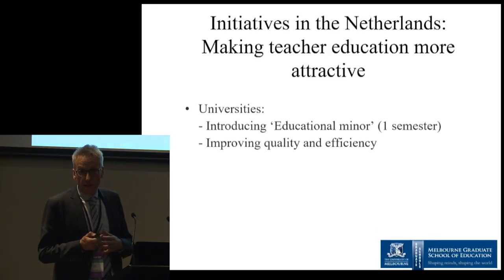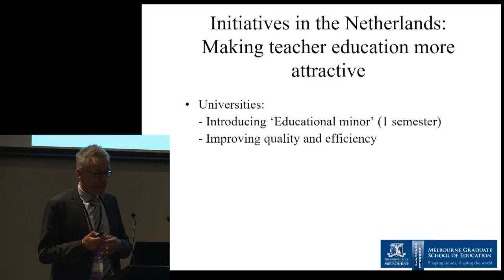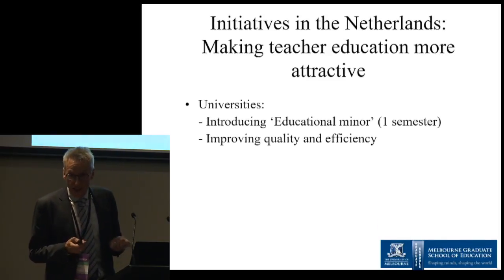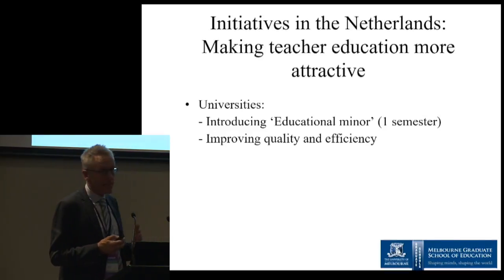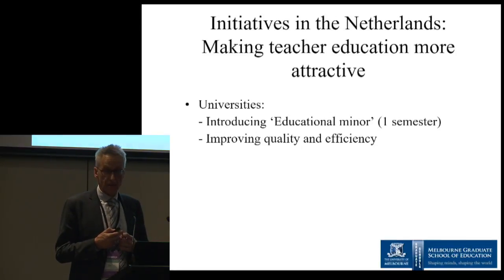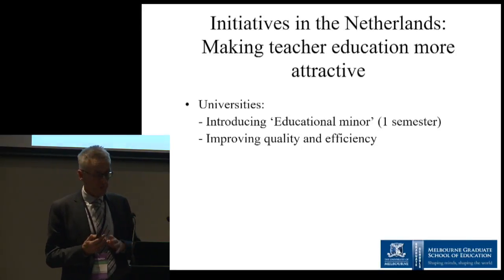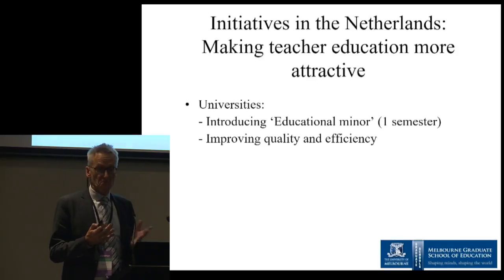So our government thought we need to take measures to make teacher education more attractive, because the idea is that teacher education may not be attractive to students. Universities have been encouraged to change the structure of the program.